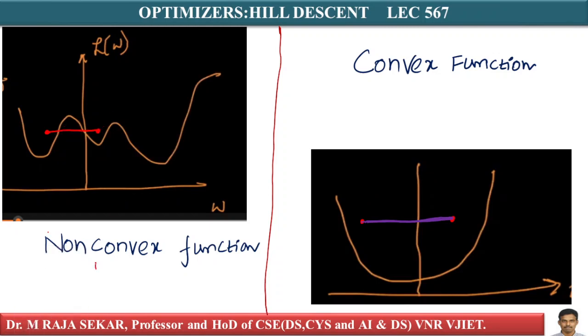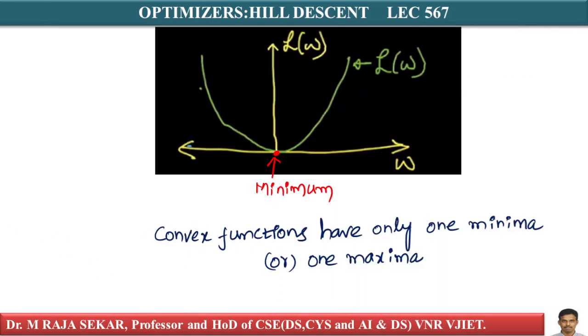Therefore, this function is a non-convex function. Convex functions have only one minima or one maxima. For example, take this function. There is only one minima and there is no maxima for this, isn't it?